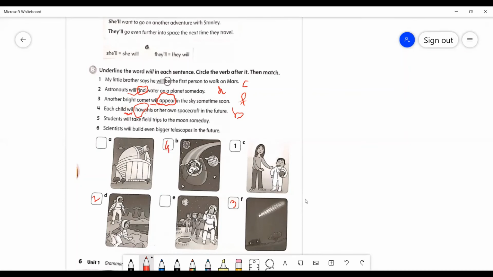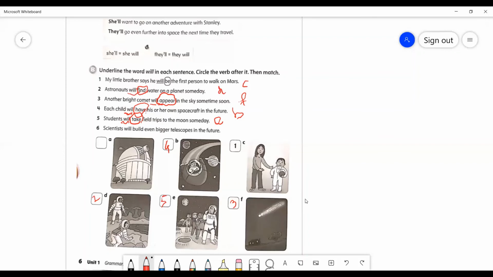So number 5, students will take field trips to the moon someday. So we will underline will, and the verb is take, so we will circle take, and the shape which is matching with sentence number 5 is E. So we can write in the shape E, number 5.